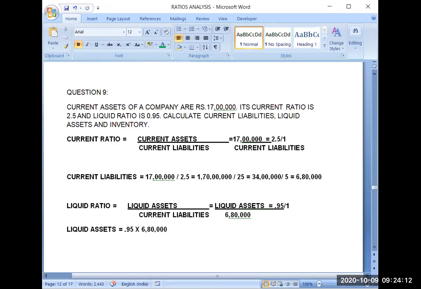So if I solve it, you can simplify it like 6,80,000 multiplied by 95 upon 100. And due to this, what will happen? It will be now 6,800 multiplied by 95.